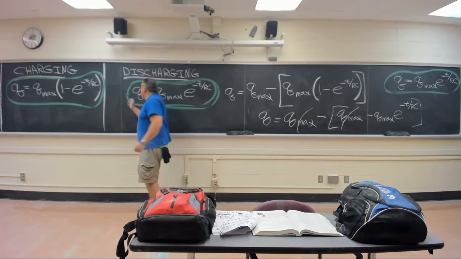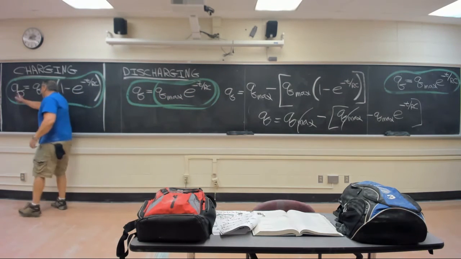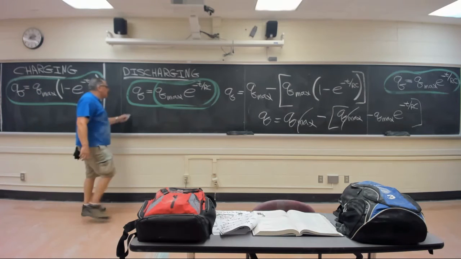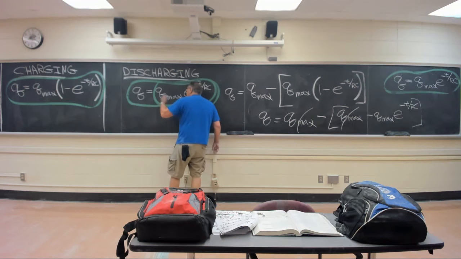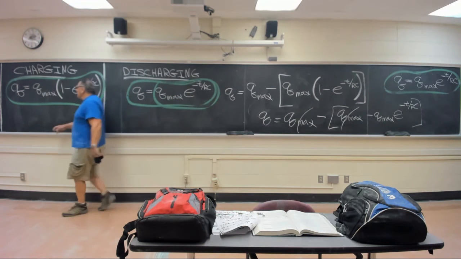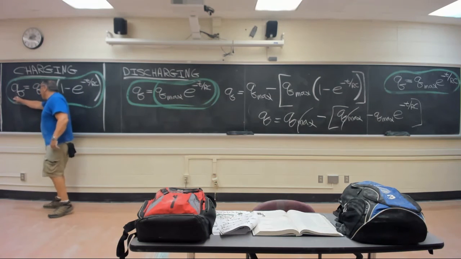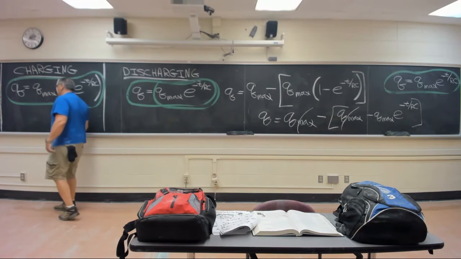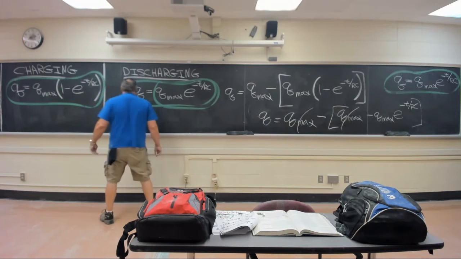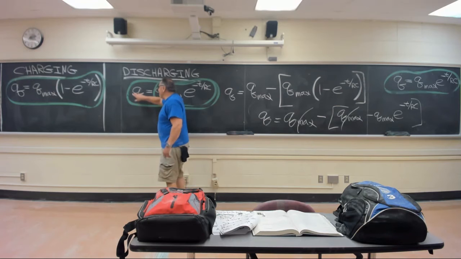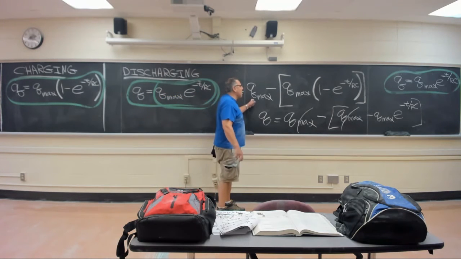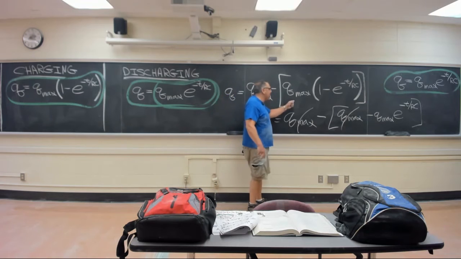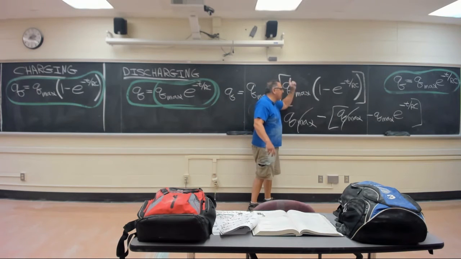The Q is Q. I get that, the same letter. This is the Q that is on the plate after things leave. This is the Q that gets on the plate when things are coming onto it. This that is on the plate is equal to the maximum amount of charge minus an identical rate of leaving.